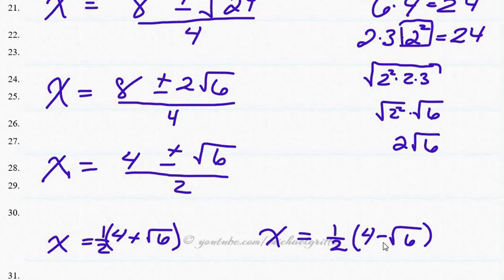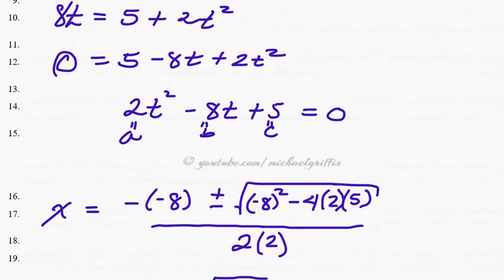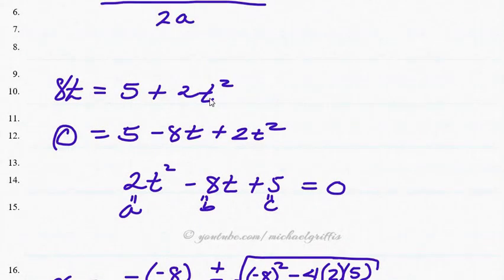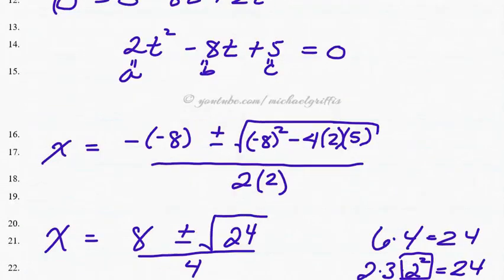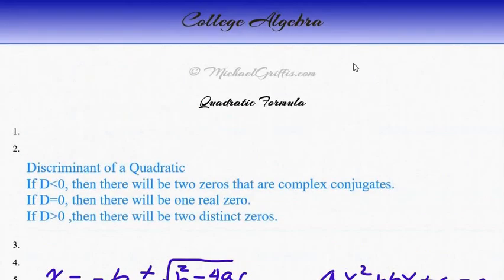So here are your two solutions. You can come up here, plug them in, and the left-hand side should equal the right-hand side. If it doesn't, something's wrong. But I checked these, so I know they work.